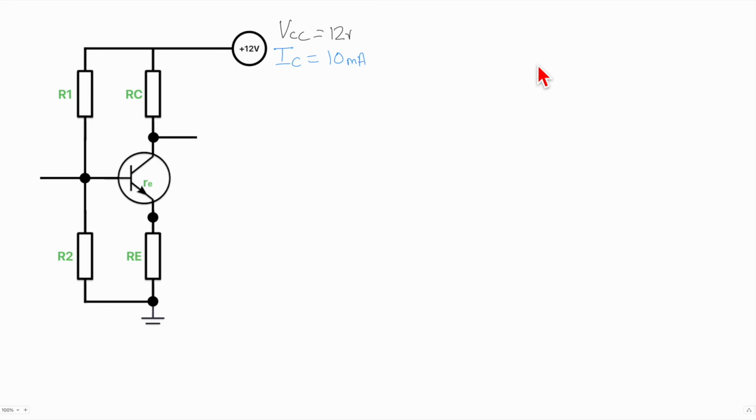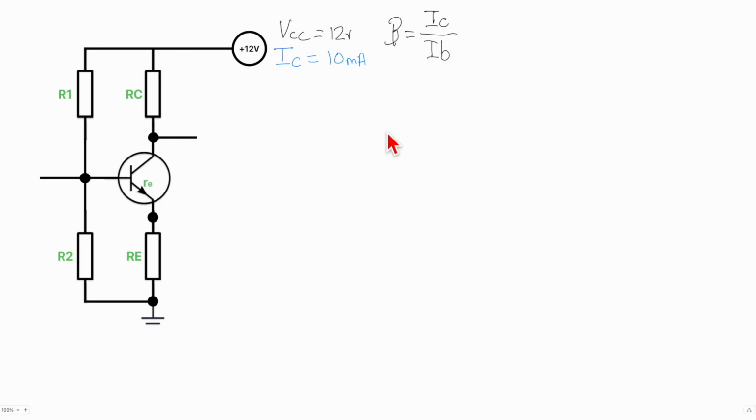Now, I mentioned before about the beta, or the hFE as it's sometimes called, of the transistor. So beta, the Greek letter. Beta is equal to the collector current divided by the base current.